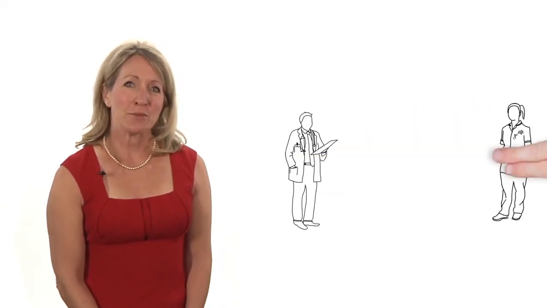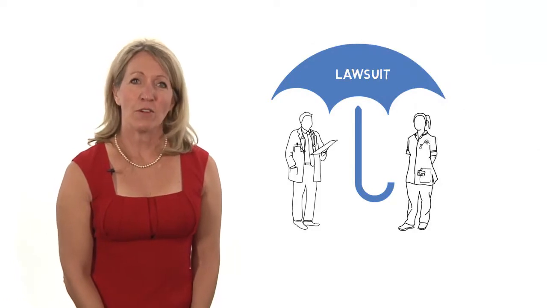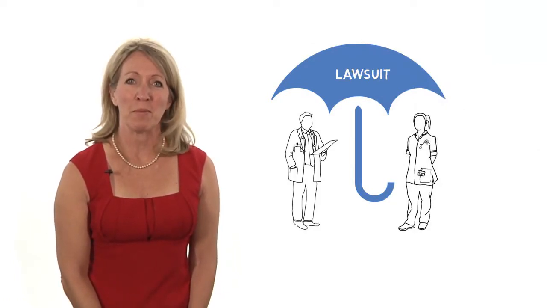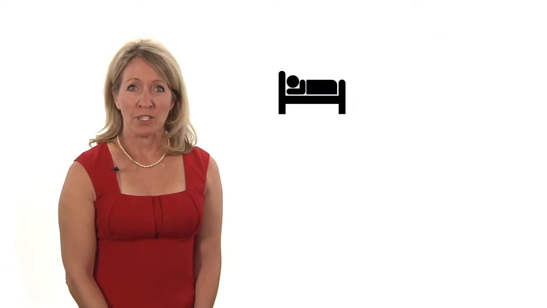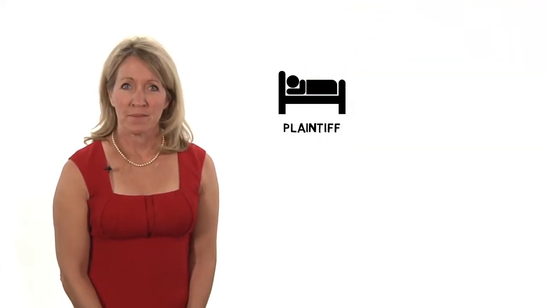Because doctors and nurses work as a team, they are frequently sued together. Here are the three sides typically involved in any nursing negligence or medical malpractice lawsuit. First, there is the patient or the family of the patient who starts the lawsuit, who are known as the plaintiff.